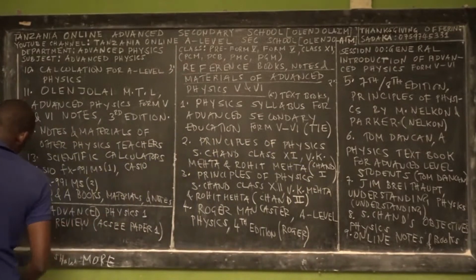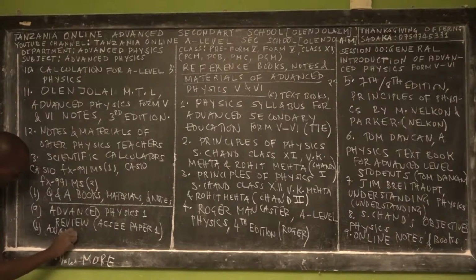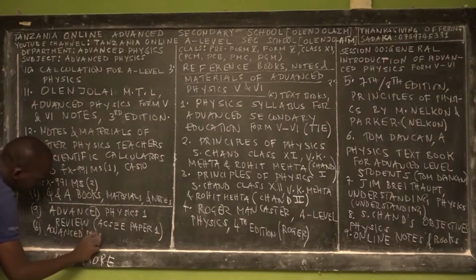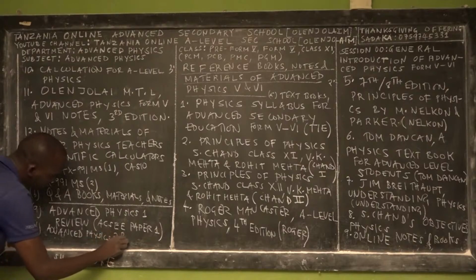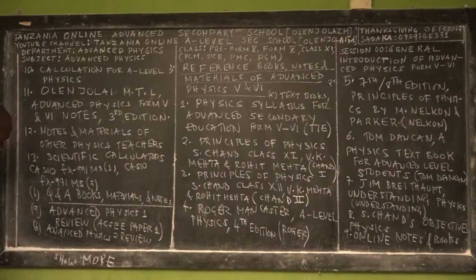So the second question and answers reference book is the book called Advanced Physics 2 Review, or in other words we call it the Advanced Certificate Secondary Education Examination paper 2.